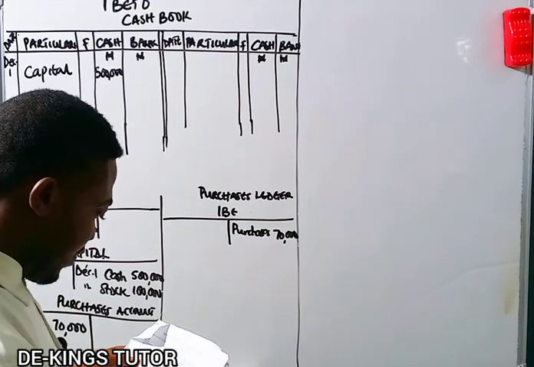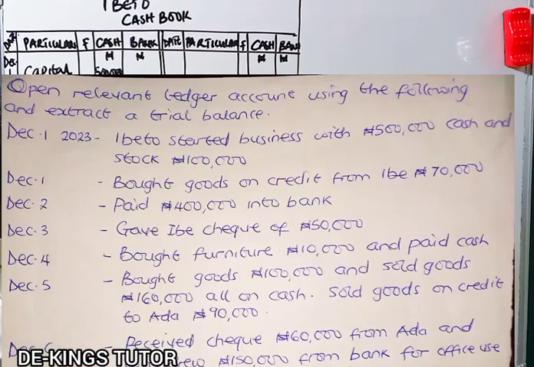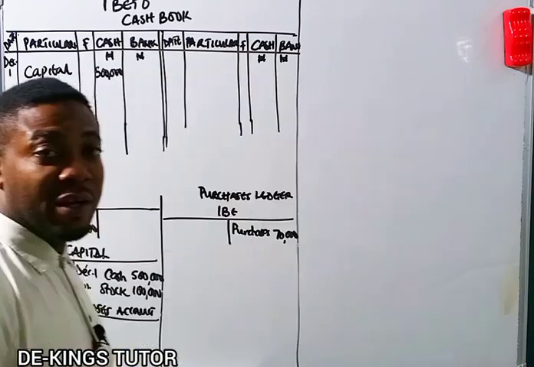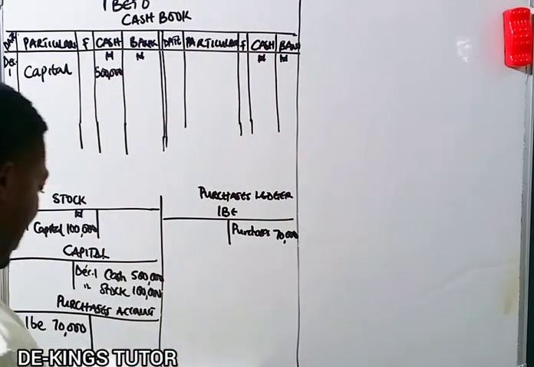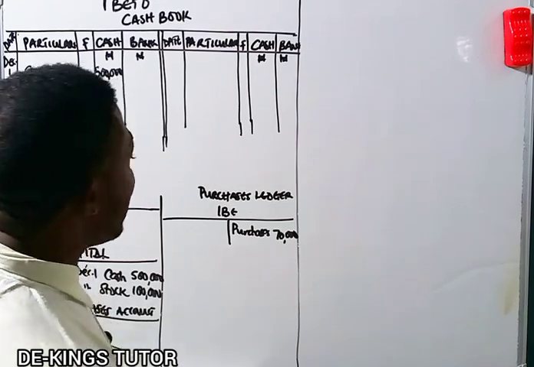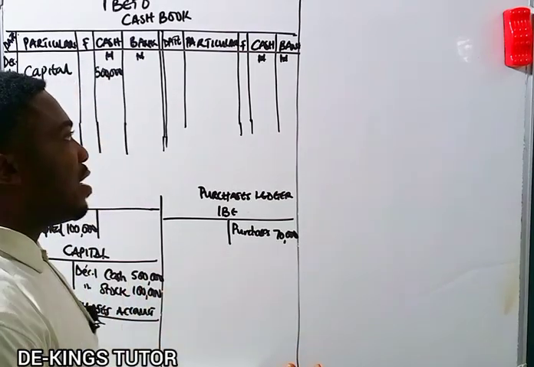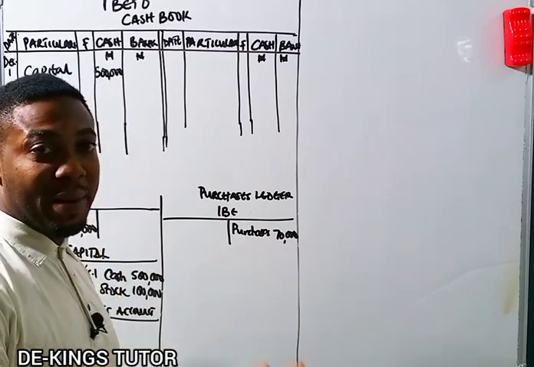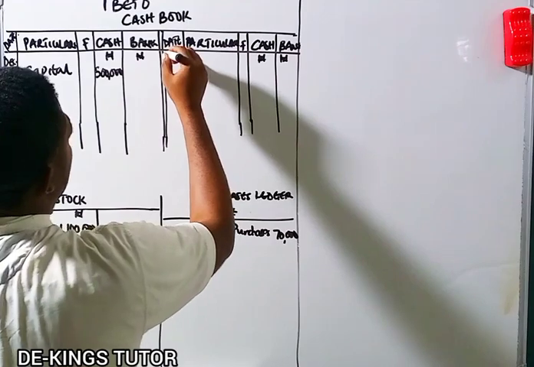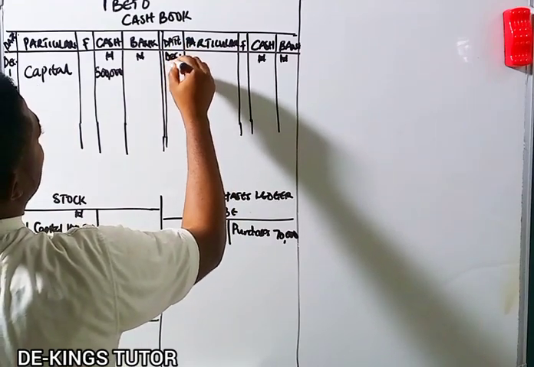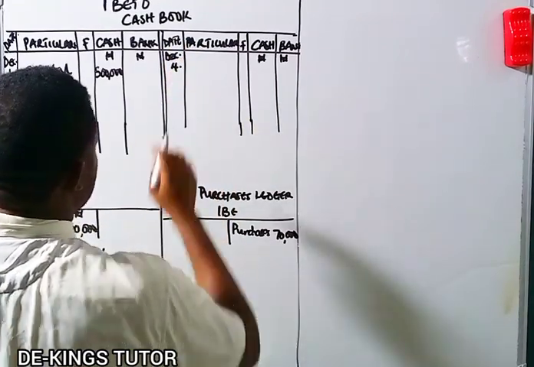And the next one, December 2, it said paid 400,000 naira into bank. Now that will serve as a contra entry. It means the cash is going out while bank is receiving. So we're gonna have December 2nd.